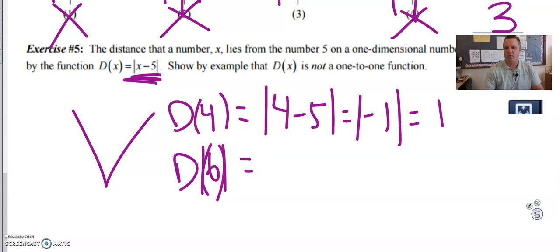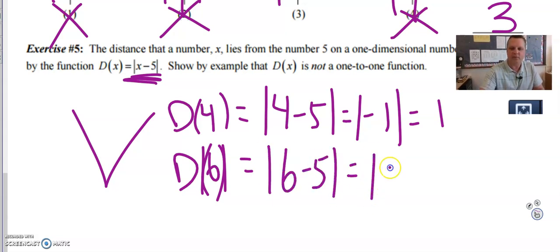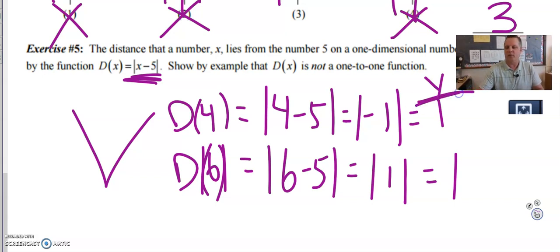So my input is 4, my output is 1. D of 6, absolute value of 6 minus 5, is absolute value of 1, which is 1. So show by example, there's my example that it's not 1-to-1 because I have the same output value for a different input.